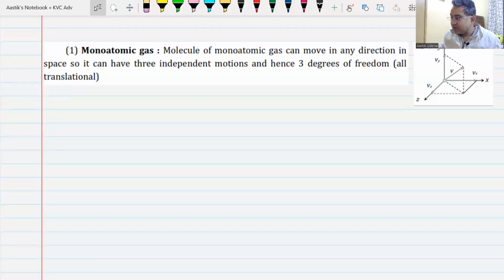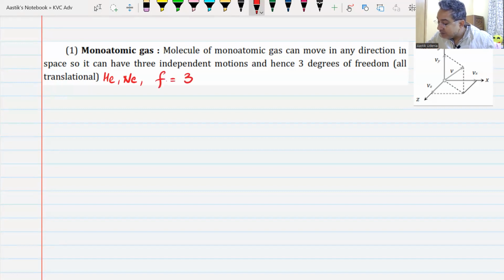Then we move on to the different types of gases and how many degrees of freedom they can have. When we talk about monatomic gases, we are talking about the inert gases: helium, neon, argon, krypton, and so on. Do we understand this? They are single atom gases. They do not have a molecule. So their number of degrees of freedom is 3.